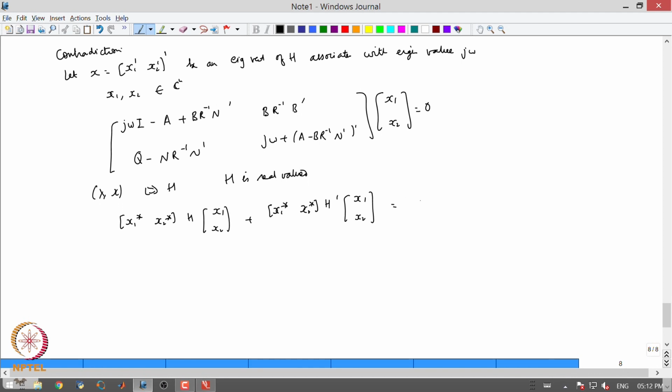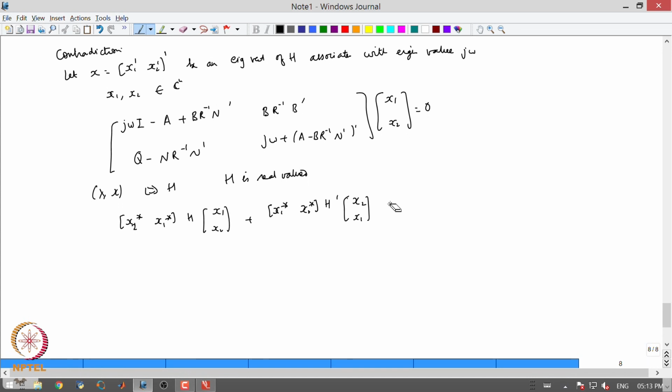This I can rewrite as [x2 star, x1 star] [x1; x2] plus [x1 star, x2 star] [x2; x1]. Okay, the transposition and all, it takes this form, and the stars denote the complex conjugate.